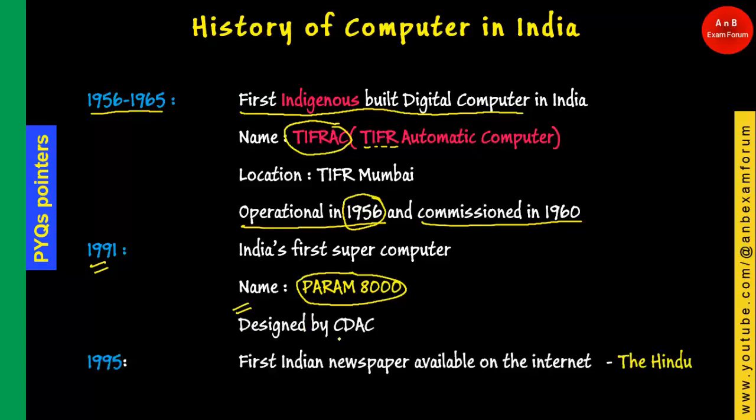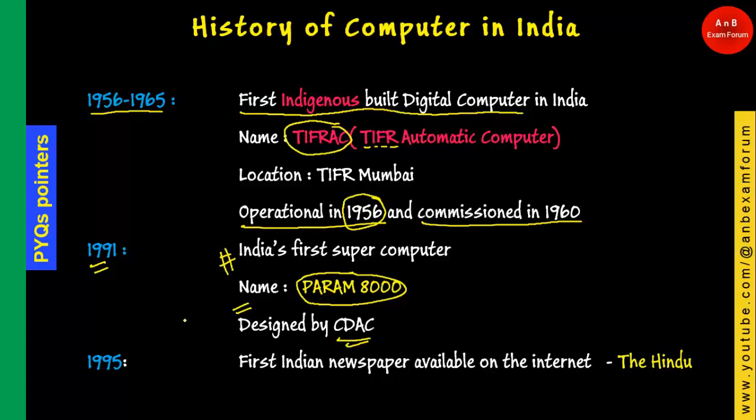CDAC is an organization which does a lot of research in computing, and they have made the first supercomputer in India, that is the Param 8000 series.